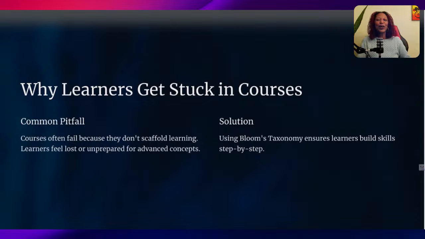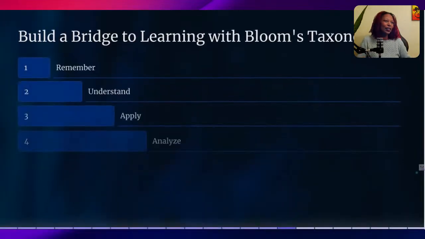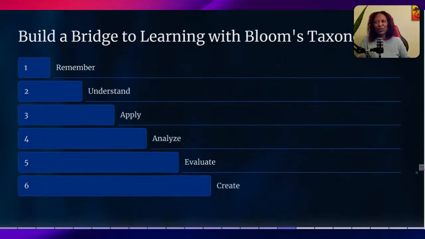All right. So we don't want your learners to get stuck. We do not. So when you're structuring your course, Bloom's taxonomy can help you decide why you're presenting the information and how your learners are going to interact with it at each and every stage. So let's take a look at the levels and what they mean for your course.